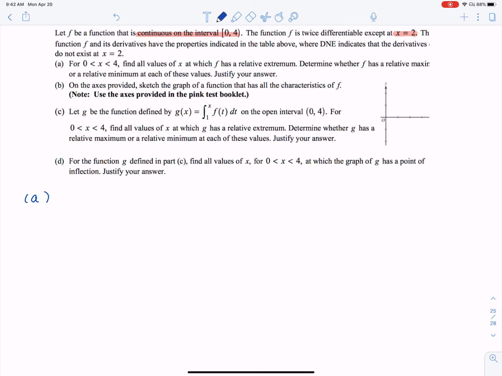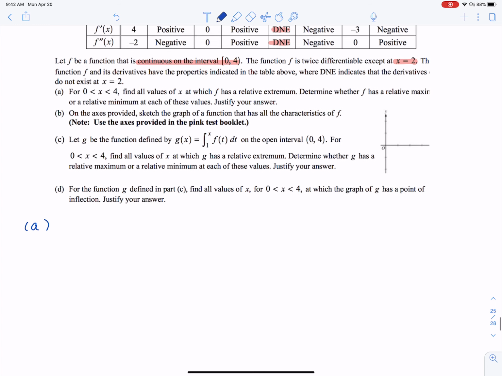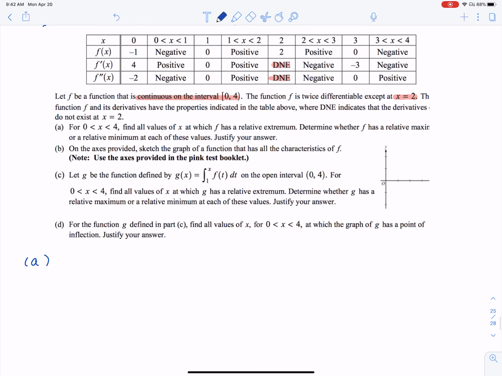So let's go back to our table, and I'm going to erase some of my highlights here. We want to look and see where the derivative equals 0 or where it does not exist. And I think you'd agree it equals 0 here and it doesn't exist here. So these are my possible critical numbers. Those are the numbers that I'm going to be testing.